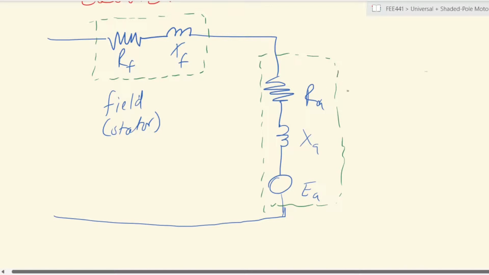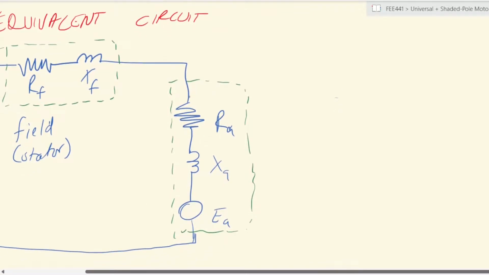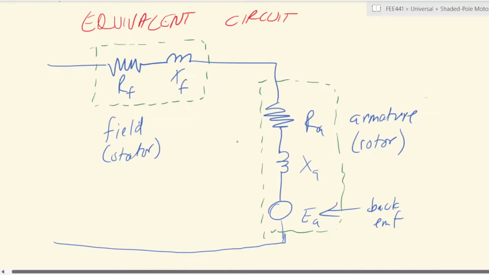Now, the armature generates its own voltage. This is the armature, which is located inside the rotor. It generates its own voltage called the back EMF, right, which acts against the voltage supply which would be supplied from this side, right?